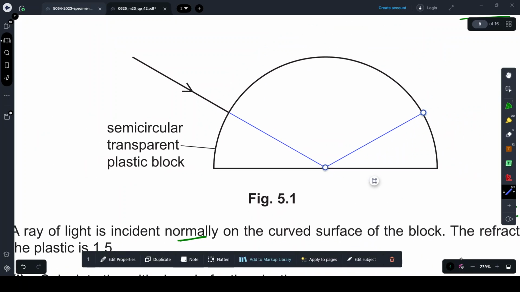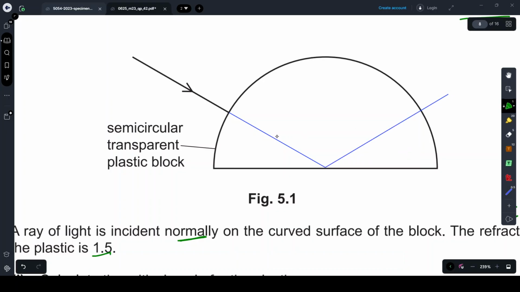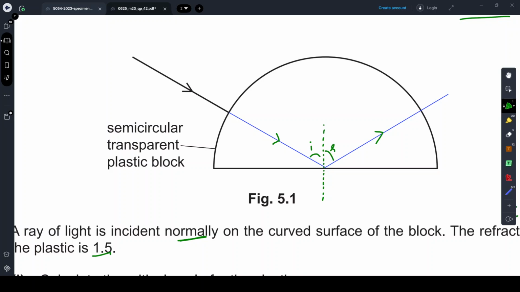And so you're going to draw the reflected light all the way out like this. And remember that the normal in this case would be this, and I and R should be equal.